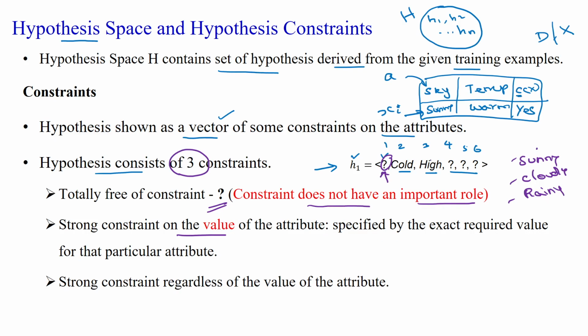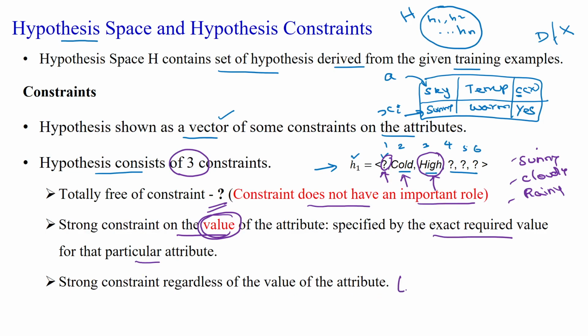That means you look at that here, which is specified by high. The third attribute is specified by high, the second attribute is specified by cold. So the exact value will be specified in the hypothesis. That is called a strong constraint on the specific value. The exact value will be specified on the particular attribute.